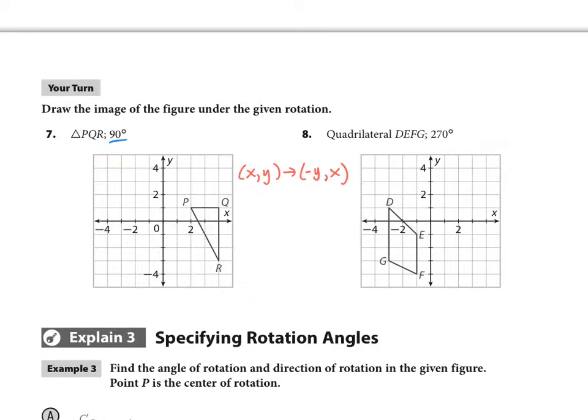So all we're doing is we're changing it. Okay, so if we can write down the coordinates for these, point P is the point 2, 1. Point Q is the point 4, 1. And point R is 4, negative 3.